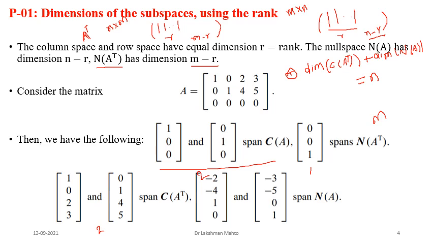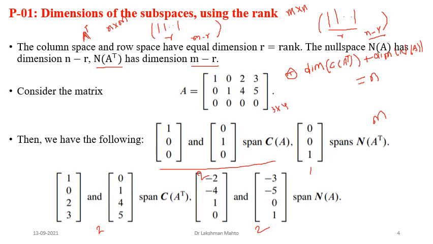And similarly we can observe that for the null space, two non-pivot columns are there. So the related variables x3 and x4 happen to be free variables. Due to that we are getting two basis vectors for the null space of A, that means the dimension is 2, and this matrix is a 3 by 4 matrix. So you can say that this matrix is an operator which is operating from R4 to R3.